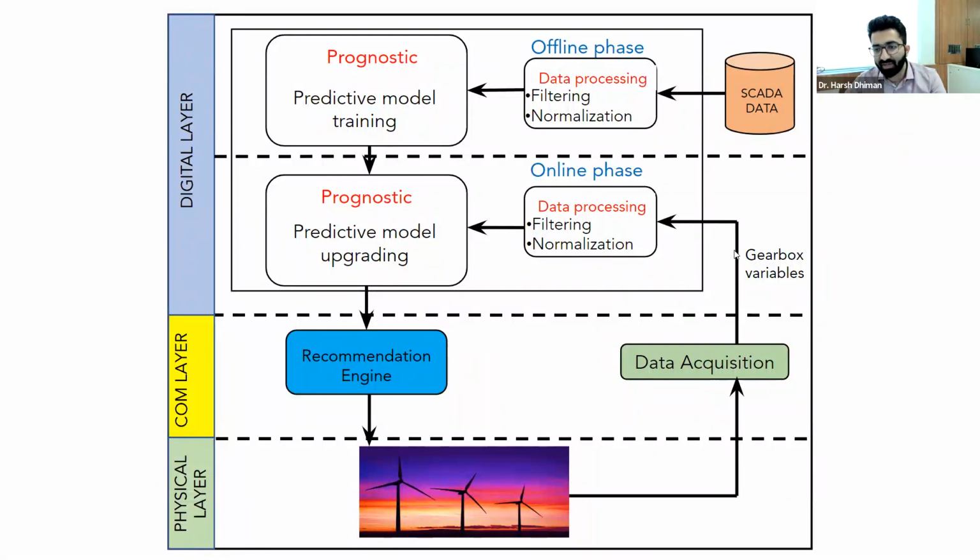If you give unfiltered data, then the model won't be able to do proper predictive modeling. That would result in an incorrect RUL estimation. RUL stands for remaining useful life. So if you want a reliable RUL estimation, this is a very important procedure: filtering and normalization of data.